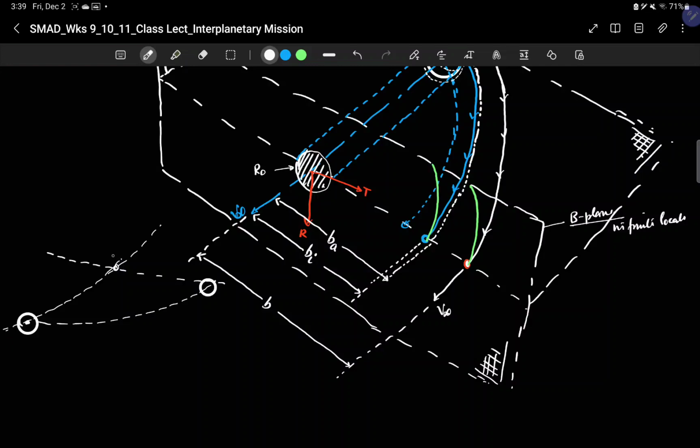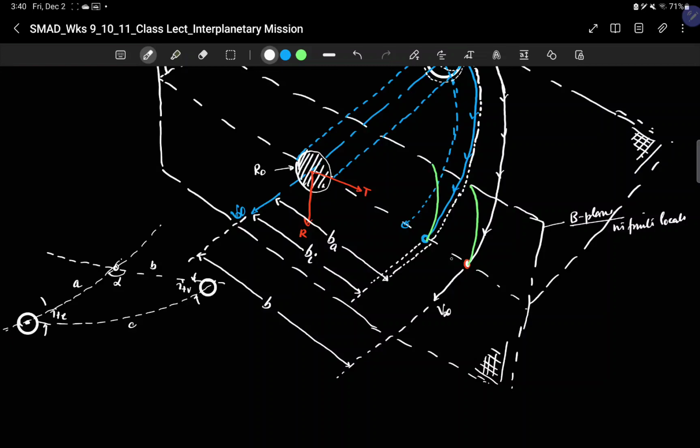This spherical triangle, we call this A, we call this C, we call this B, if you remember, and this was the angle alpha, and this was IT at the Earth side, and this was IT at the Venusian side. Which means that on the Venusian side, when you draw the B plane, this incoming plane will not be orthogonal to it, because it will be at an angle ITV until the spacecraft has exactly reached the surface of the planet.